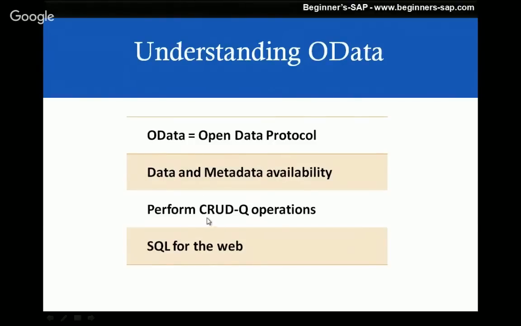Plus, you can do CRUD operations, meaning you can create data on the database, request data, update data, and delete data, and you can perform various query operations on your data over the internet. Ideally, you don't need ABAP here. Just through OData, you can perform all these operations over the internet. In simple terms, it's called SQL for the web.